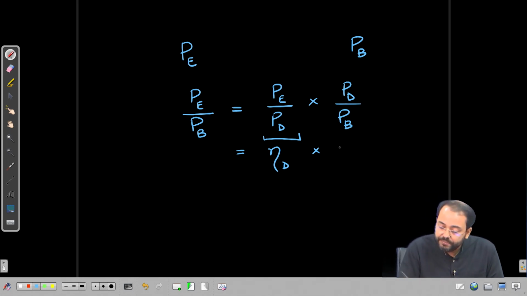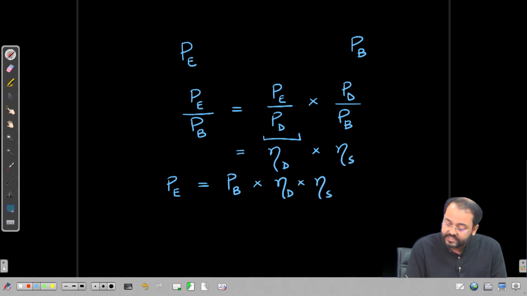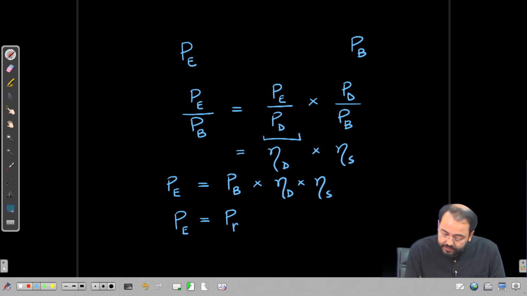So, PD by PB is eta S. So, PE can be expressed as the brake power of the engine multiplied by eta D into eta S, or in total PE can be written as PB into eta H into eta R into eta O into eta S.